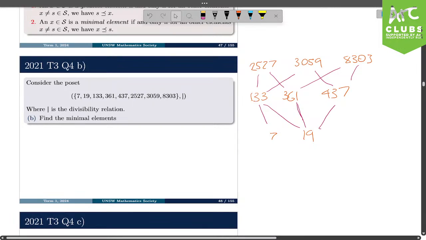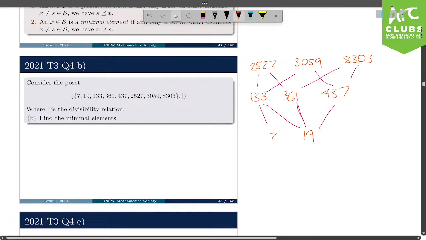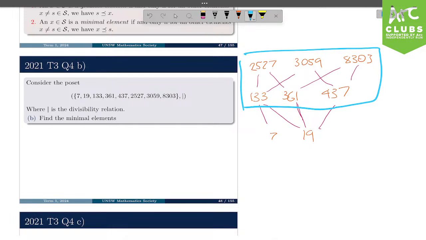Okay, so we'll use our Hasse diagram again because it shows us all the characteristics of the set we need. So let's find the minimal elements. Everything up here has something less than it in terms of divisibility, so they can't be minimal elements.